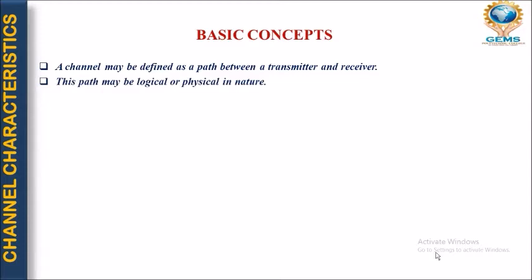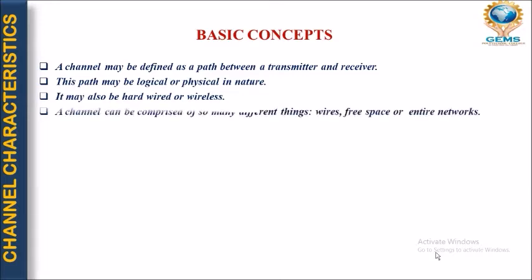Physical means wired and logical means wireless. When we are talking about wires, that is wired communication, and whenever we are talking about free space, it is known as wireless.